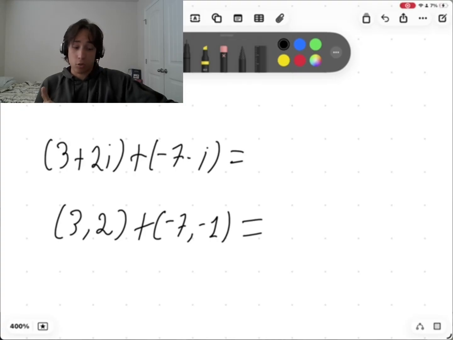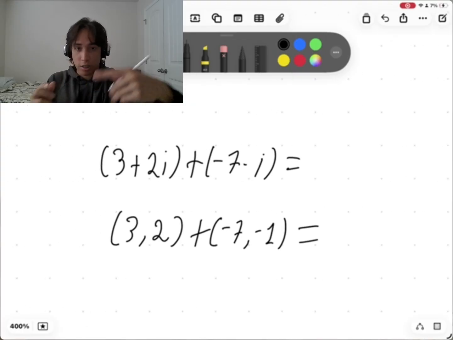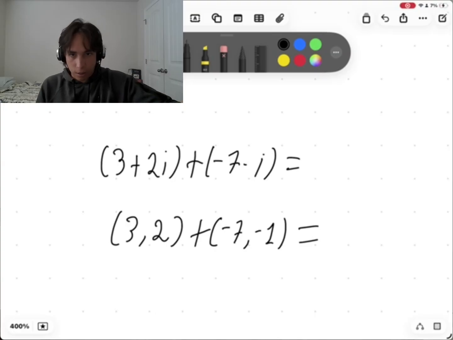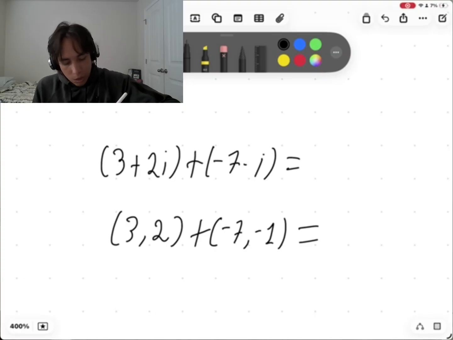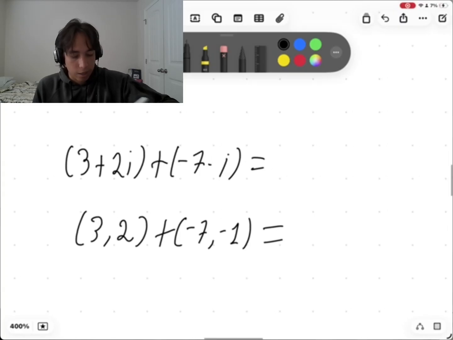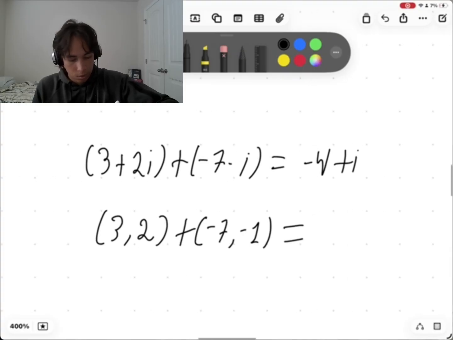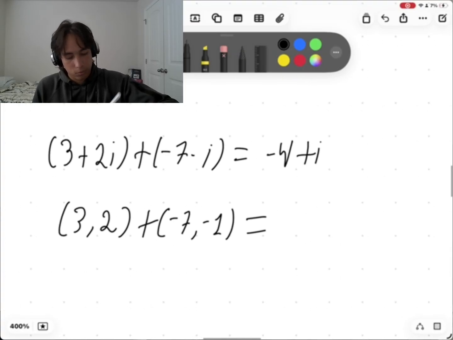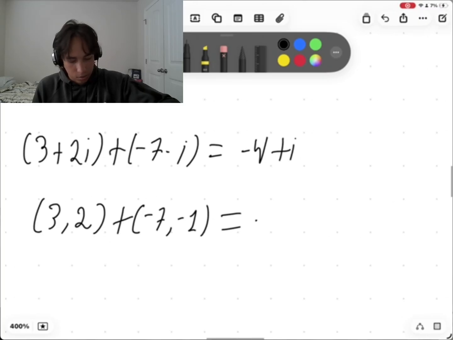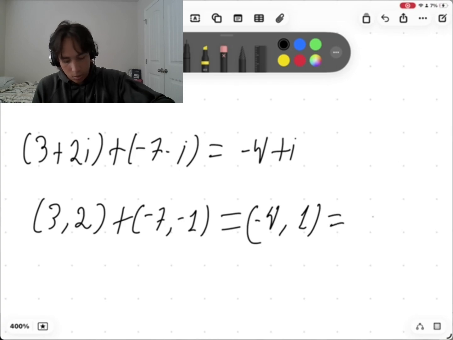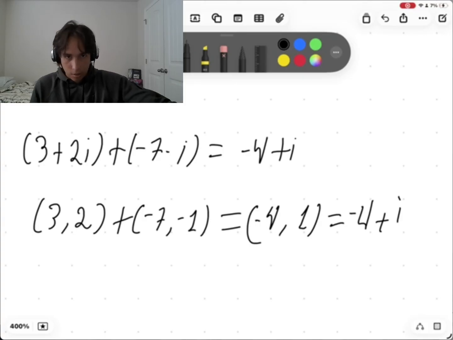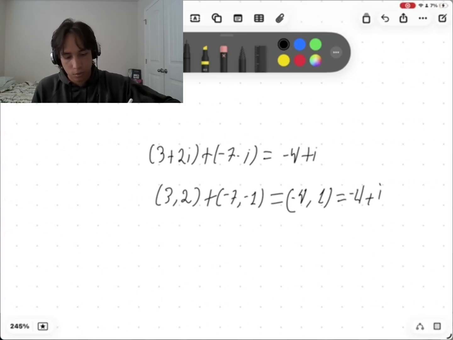You could treat them as polynomials as well. If you treat the i, the imaginary part, as some variable, like an x, it's going to be the same. So 2i minus i is i, and 3 minus 7 is -4. And on the vector side, it's going to be the same. It's going to be (-4, 1), which if we convert it back, it is the same, right?